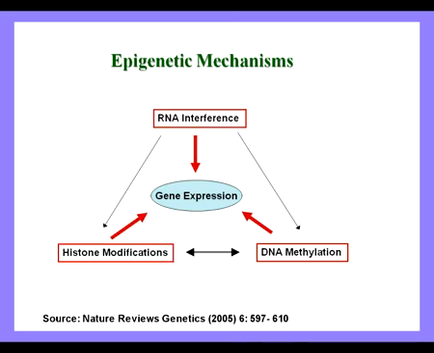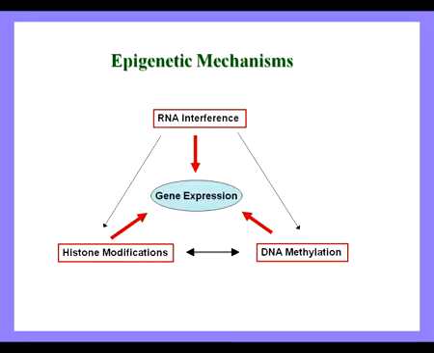Now, without going into the details of gene expression, let me tell you very briefly that these RNA interfering molecules are complementary copies of the mRNA, which carries the information from DNA to protein. When these mRNAs are formed, the interfering RNA molecules, which are relatively smaller and complementary to those mRNAs, join together with them and render them inactive.